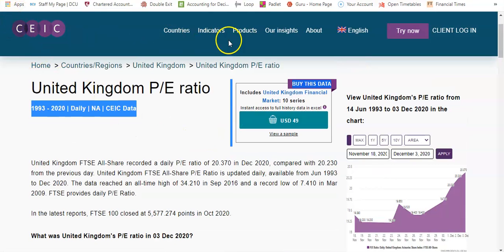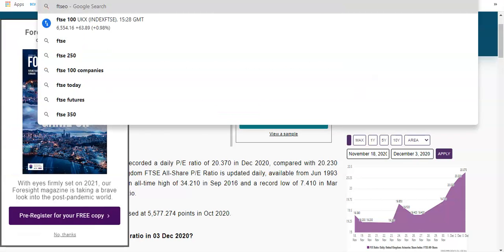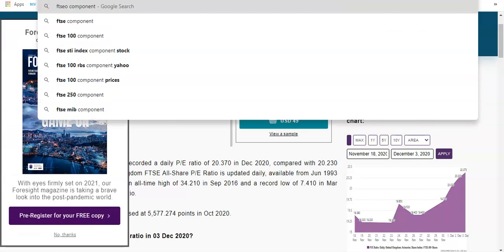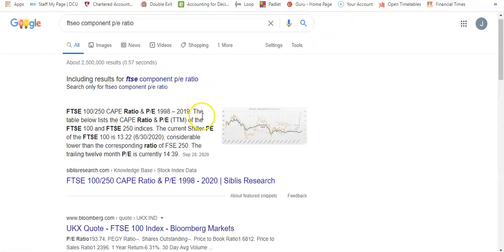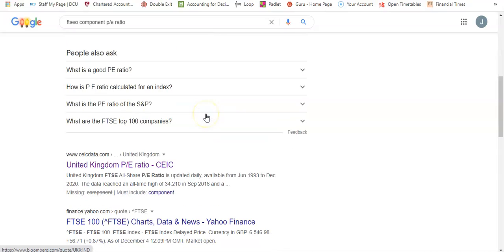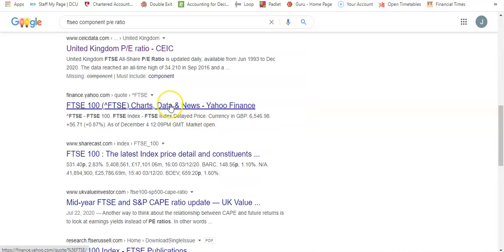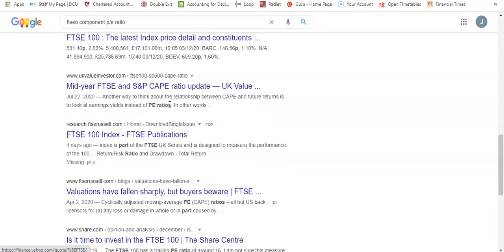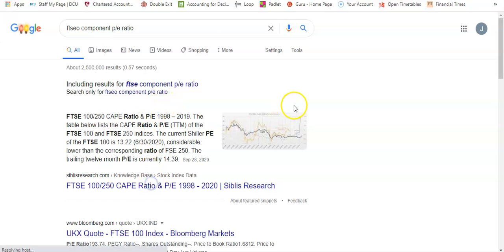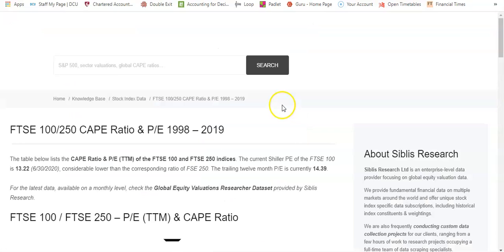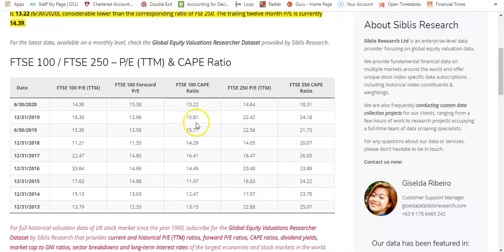But it can be useful looking at each of the components, for example the FTSE 100 component PE ratios. There's plenty of things you can look at here. It might not give us the actual listing, but the key point is you're looking for the PE ratio.